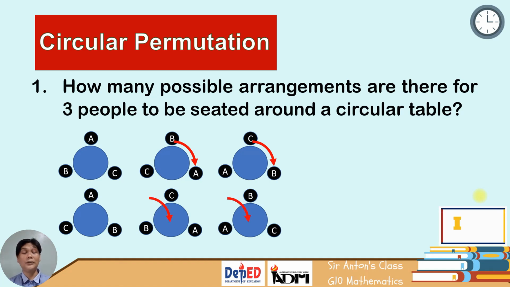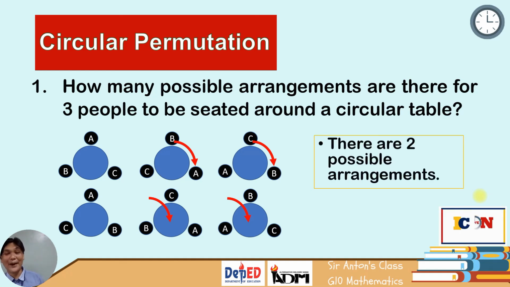On the second row, the first arrangement on the second line is just a turned clockwise. So when 3 people are seated around a circular table, there are only 2 possible arrangements. Okay, I hope you get that. If you don't understand this one, please try it in your house. Okay, so that is circular permutation.